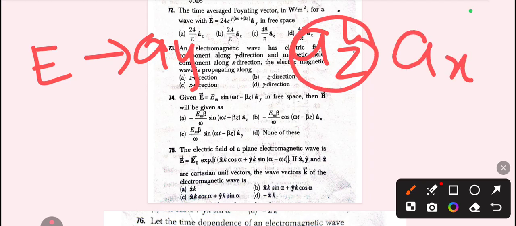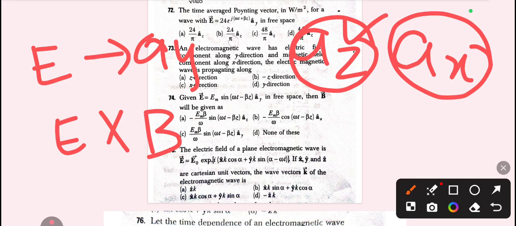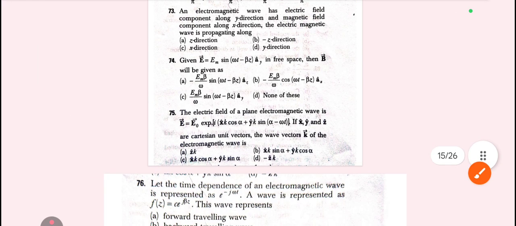If AZ, then it is positive. If AX, then it should be negative, because E cross B gives the direction of the wave propagation. This is the plane progressive wave in the forward direction from this equation. Then the right answer should be B.